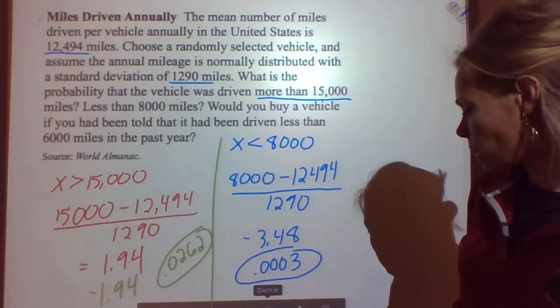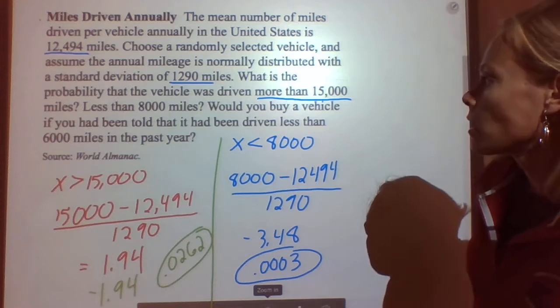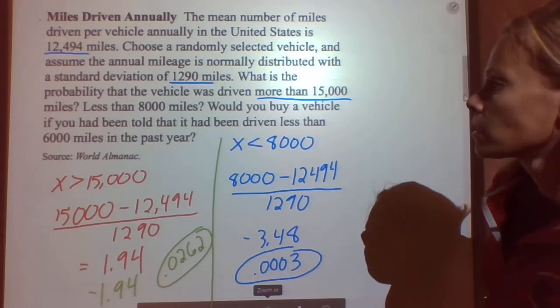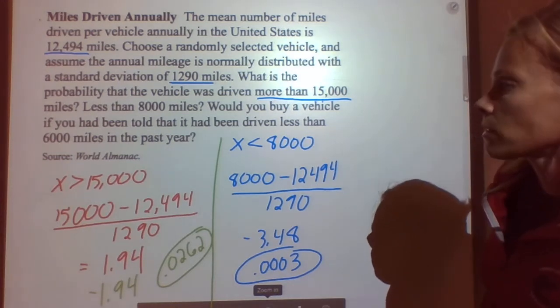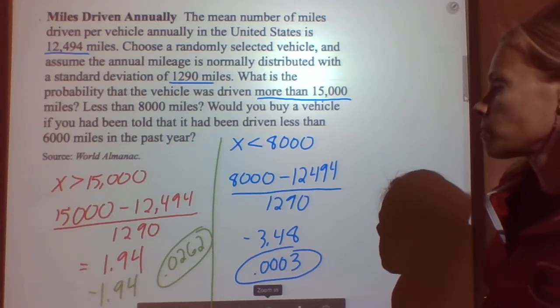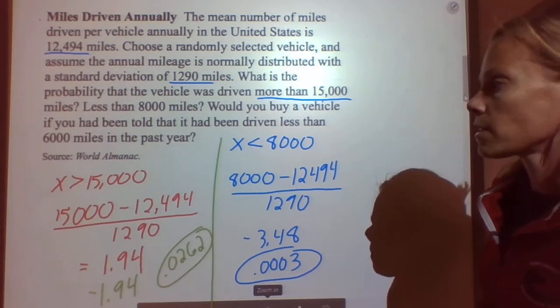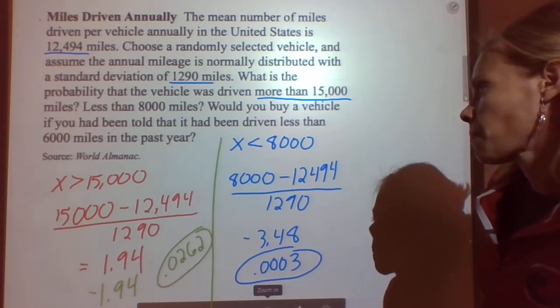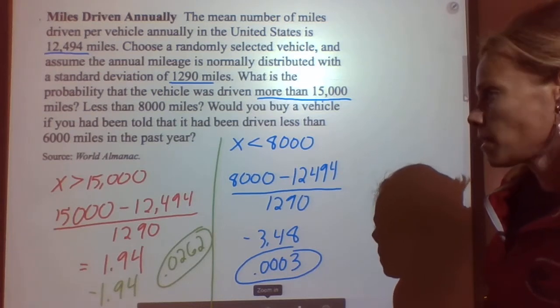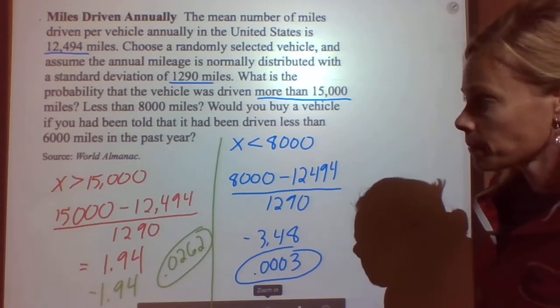Those are the cars you want to buy, right? They weren't driven very often. Would you buy a vehicle if you have been told that it has been driven less than 6,000 miles in the past year? Okay, less than 6,000 miles is very unusual.